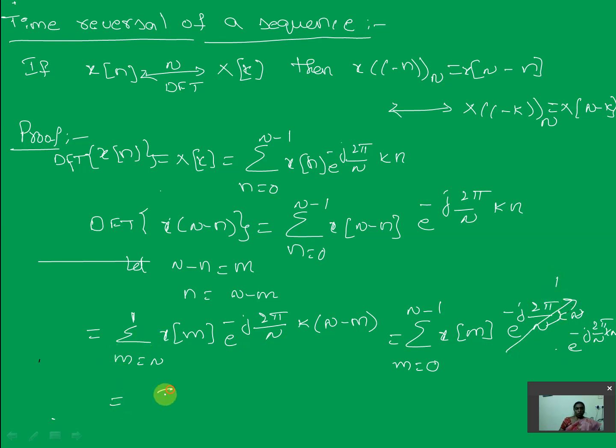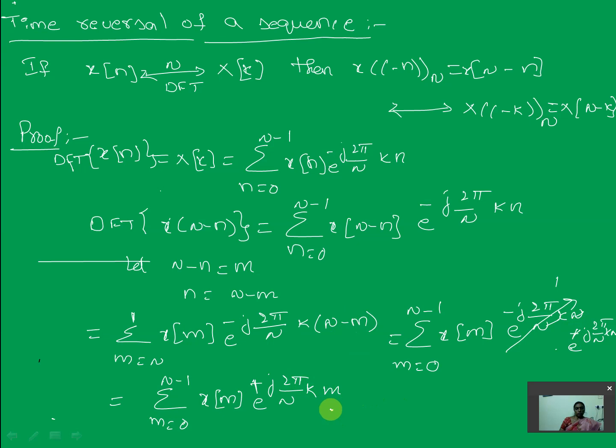That is equal to the summation m from 0 to N minus 1 of x of m e power minus j 2 pi by N km. Minus into minus means here is a plus, here also plus.